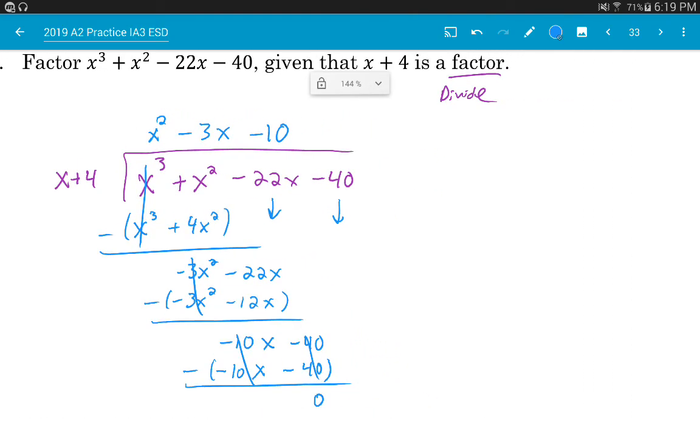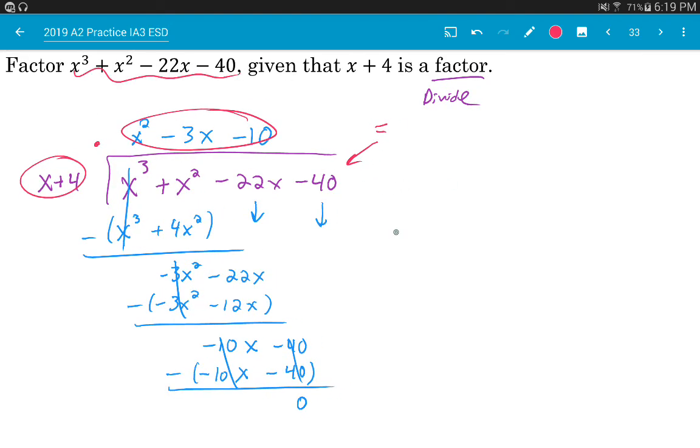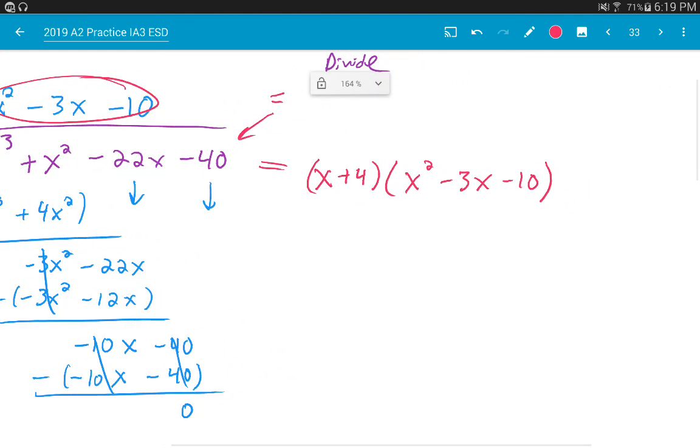Now, here's what this means. This times this equals this. If I was to multiply these together, it would equal this. So factoring this is saying it's equal to x plus 4 times x squared minus 3x minus 10. That's equal to this. Now it's not done being factored.